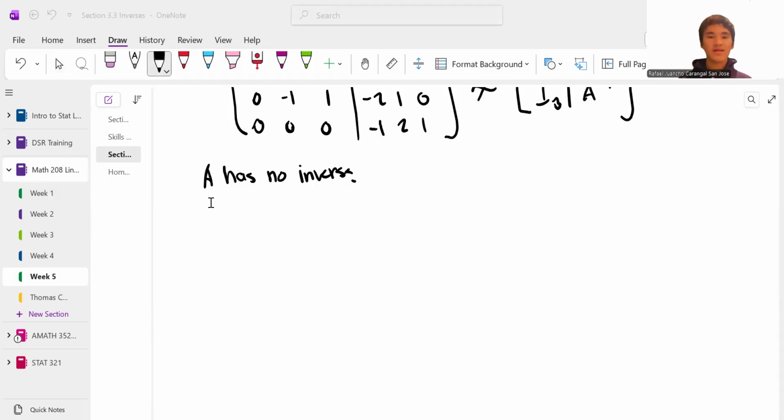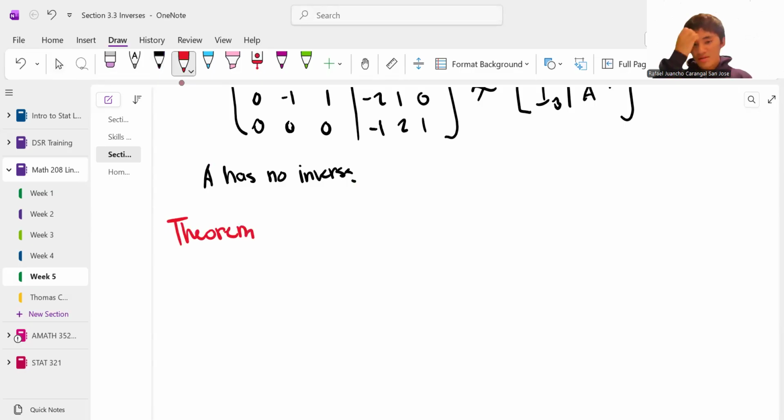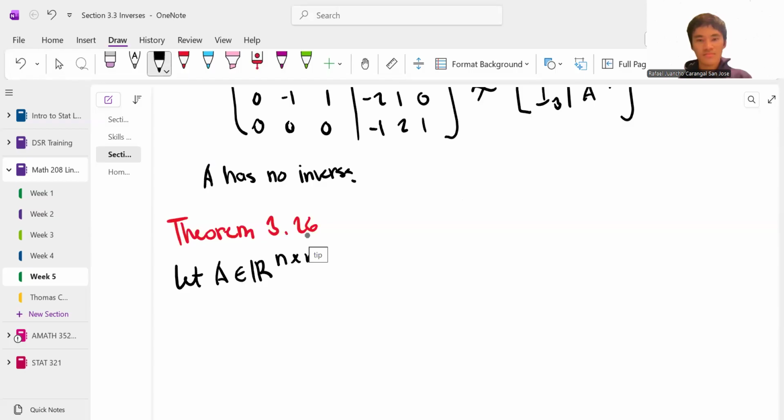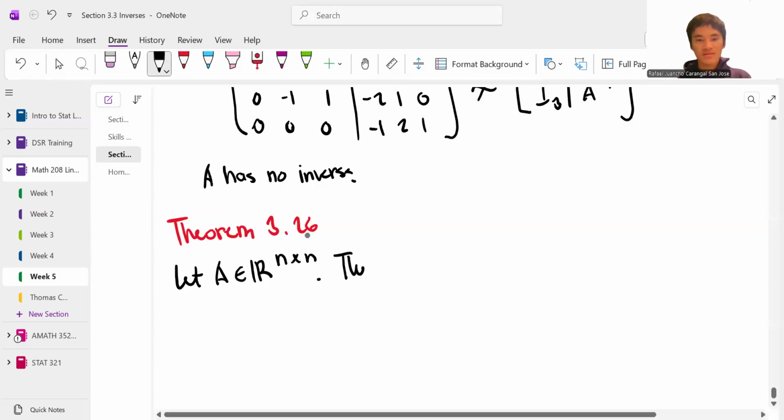Now, this next theorem highlights how invertibility is related to the solutions of linear systems. And so we're going to walk through that. So we have this theorem, 3.26. And here, we're going to let A be an n by n matrix. Then we say the following are equivalent.